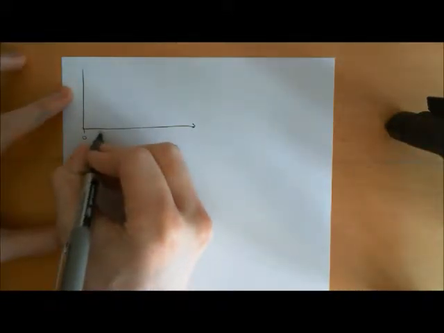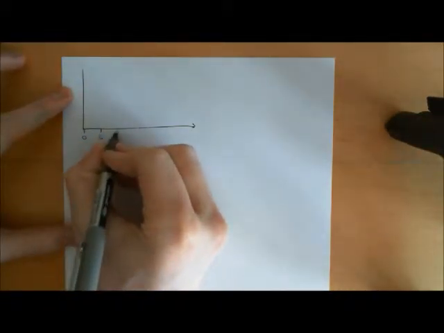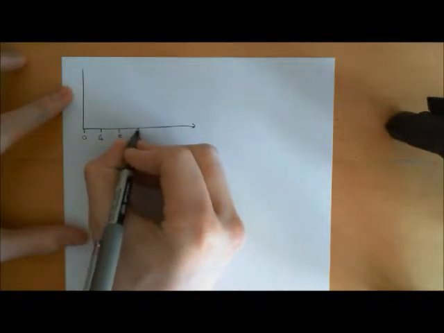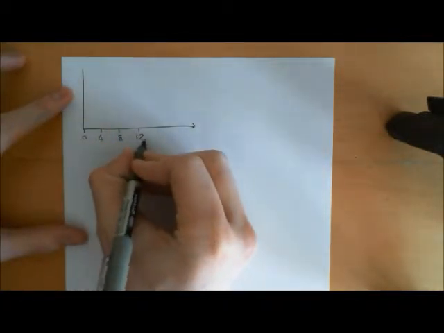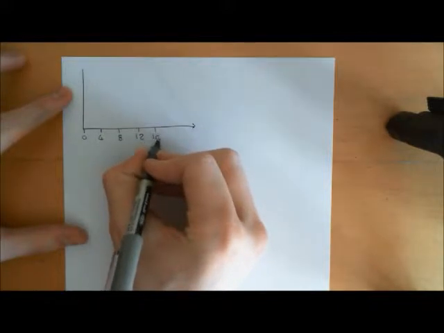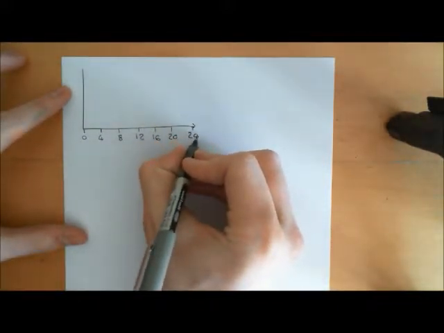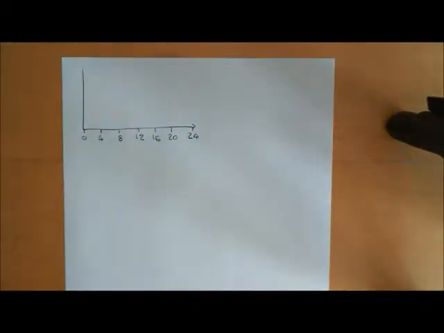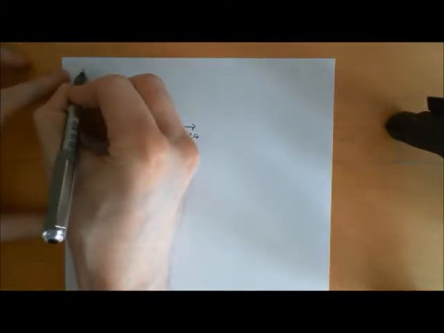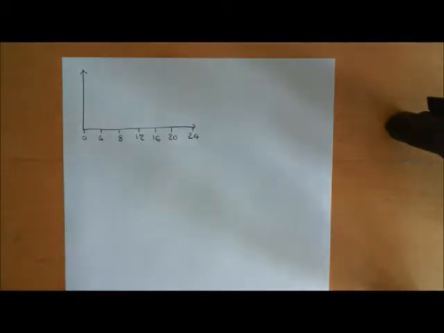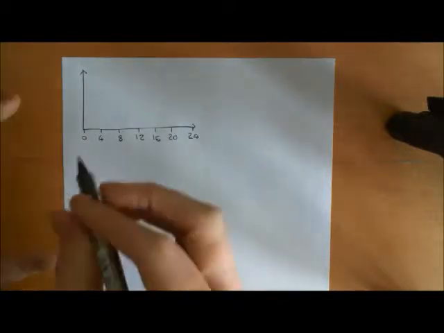Once again we'll have time on the x-axis, going up in jumps of 4 hours: 0, 4, 8, 12, 16, 20, 24. On the y-axis we're going to have the firing rate of the neurons in the suprachiasmatic nuclei, so how often they're firing action potentials.